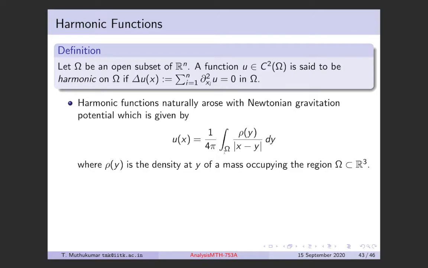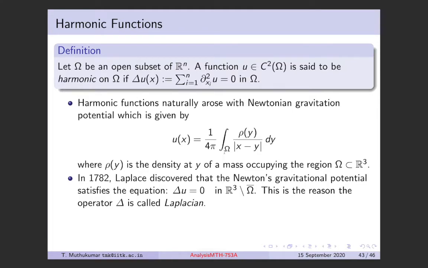So this was something that came out of Newton's work whenever he introduced his laws of gravitation and so on. So almost a century later, Laplace discovered that the Newtonian gravitational potential is a harmonic function in the complement of the body, that is, outside the body. The gravitational potential is a harmonic function.